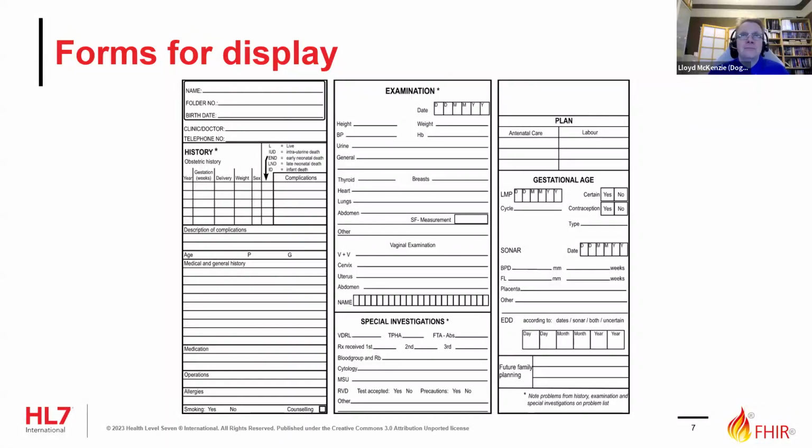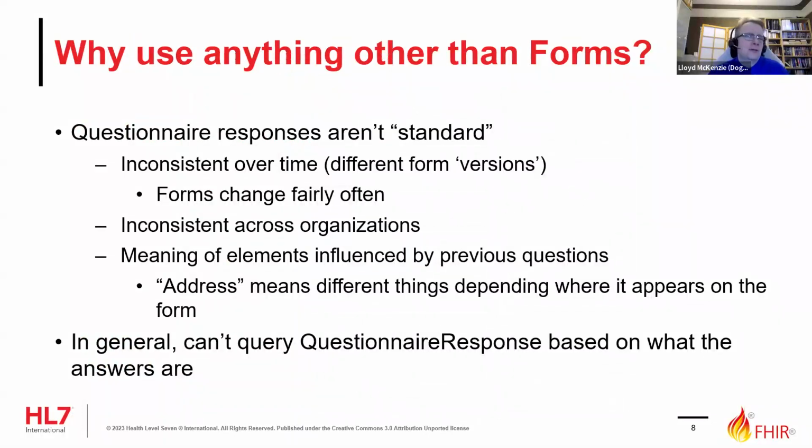And so the question then becomes, so why do we have 150 plus resources in FHIR? Why don't we just have questionnaire response? Because it can do absolutely everything, and it gives people the control that they want, and it makes displaying information consistent and beautiful. And the problem is, of course, that prenatal form that I just showed you is the prenatal form for a particular institution at a particular time.